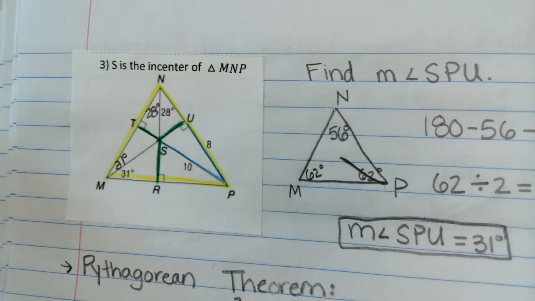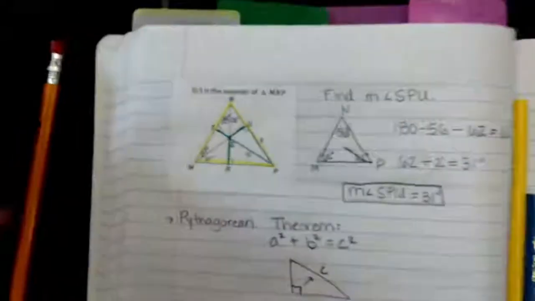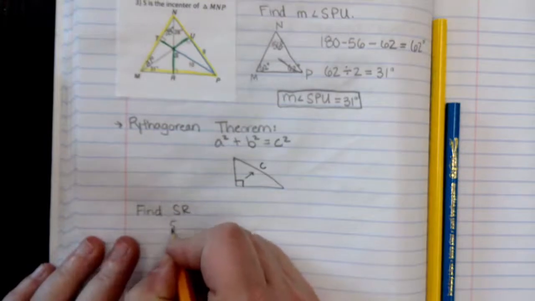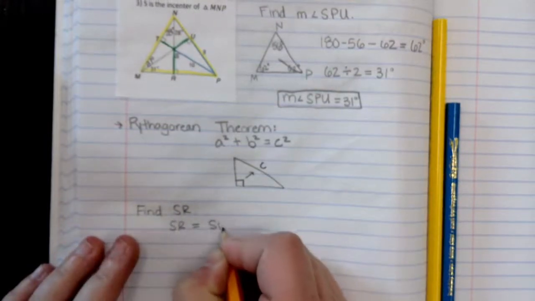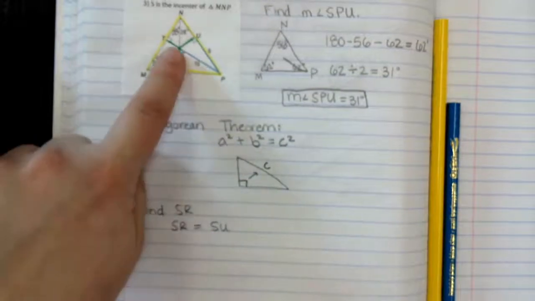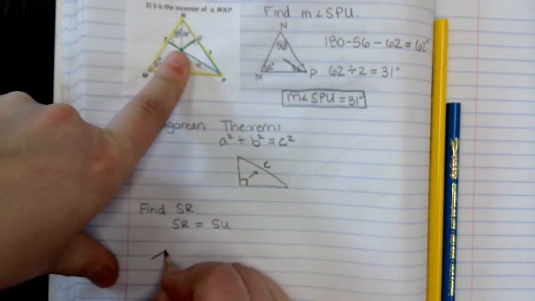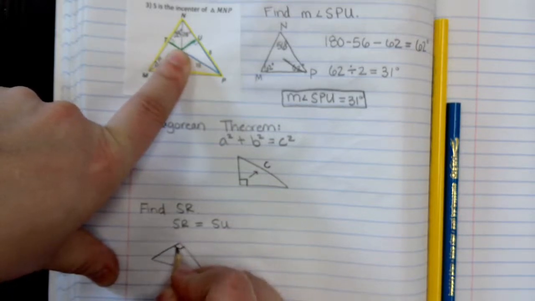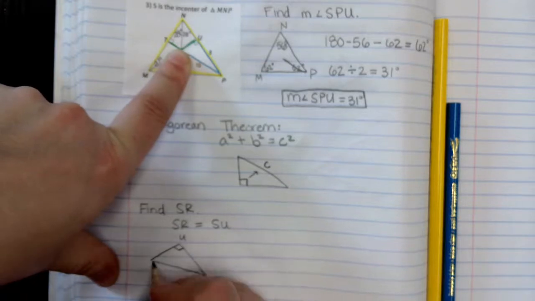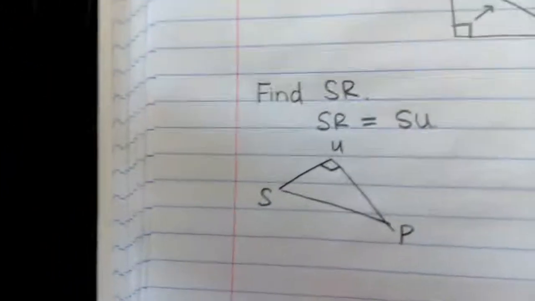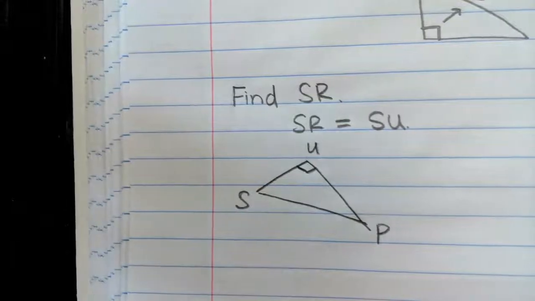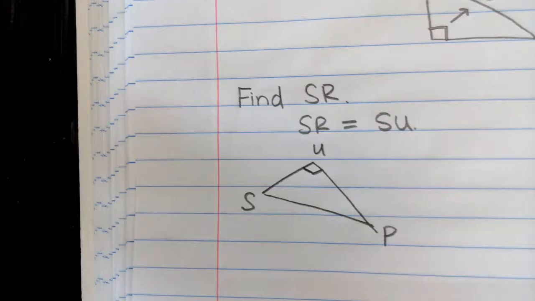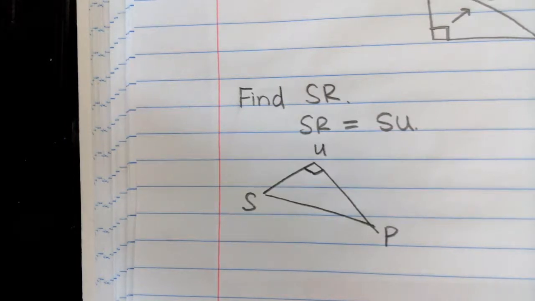We're rock stars. Okay? Down here, we're going to say SR is the same as SU. And I'm going to try and copy down that triangle. So that triangle looks kind of like this. The 90-degree angle is here. So it's like I cut it out of that big triangle, and I'm pasting it down.